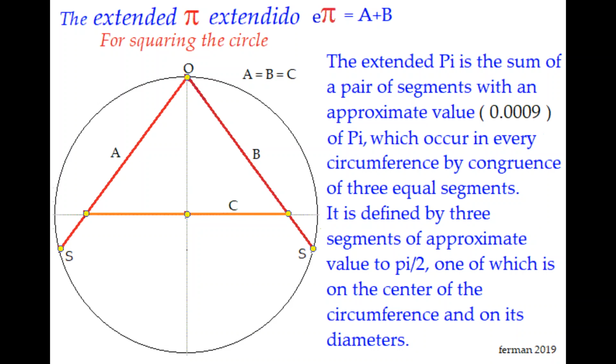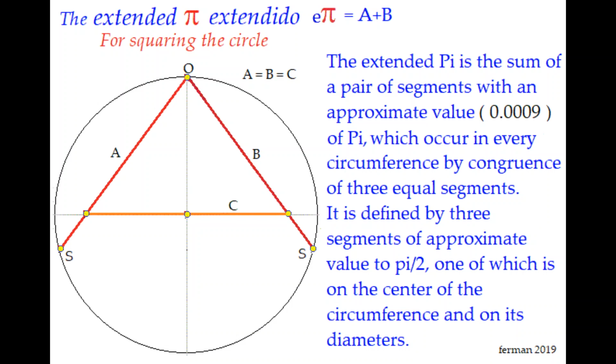thoughts and deductions. The extended pi is obtained by a composition of segments internal to the circumference, of pi each, which, as seen in the drawing, are repositioned together forming a capital A A, starting with the central segment placed on the diameter and center of the circumference.